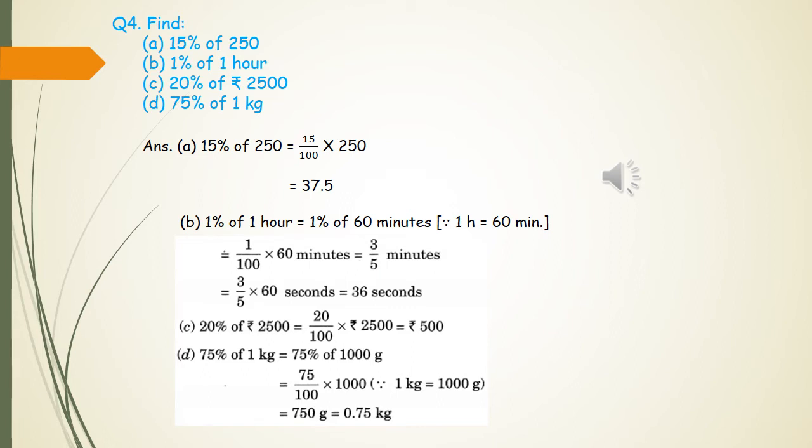So if you don't write the unit, the sum will be wrong. Similarly, in D part, 75% of 1 kg. Once again, we are converting 1 kg into gram, that is 75% of 1000 gram. So 75 by 100 into 1000, that is 750 gram or 0.75 kg.